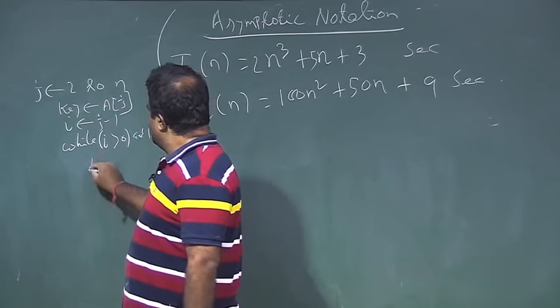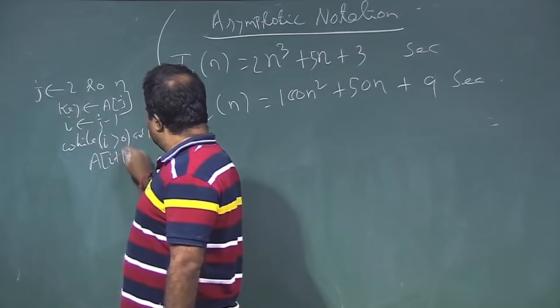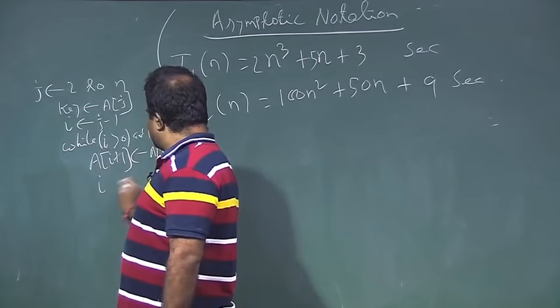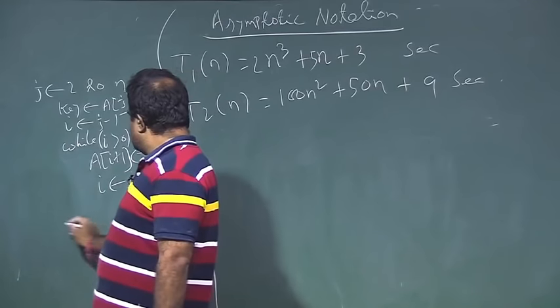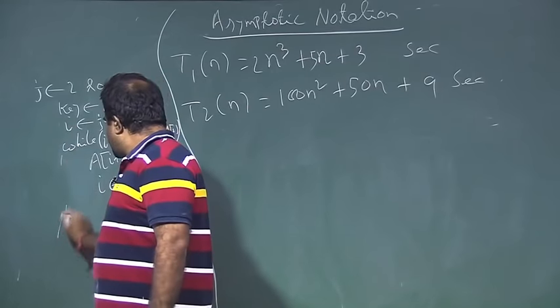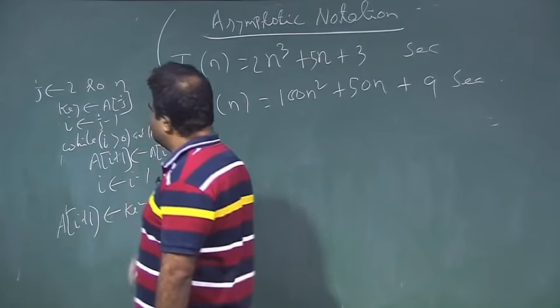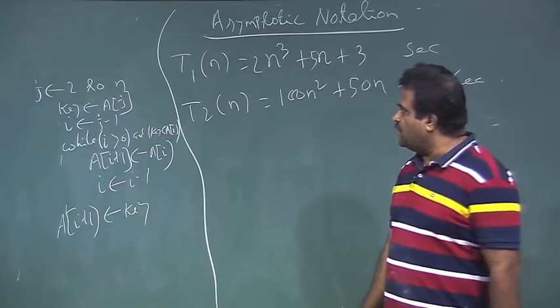Then we assign a[i+1] from a[i], and then we decrease i by 1, and finally we assign a[i+1] equal to key. So, this is the piece of code for insertion sort.